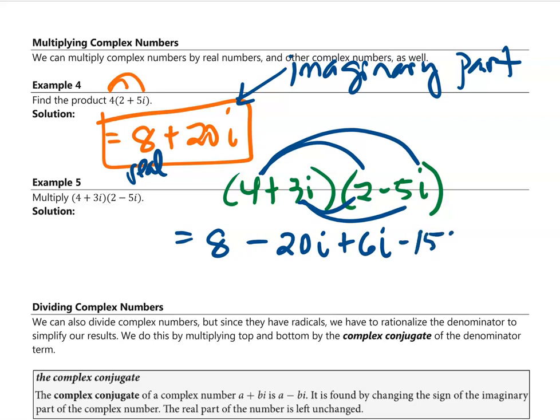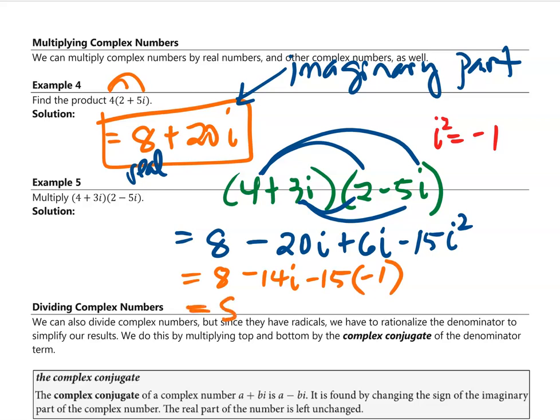I times i, don't forget this, is i squared. And what do we know about i squared? i squared is equal to negative 1. So we do that. So 8 minus 20i plus 6i is negative 14i, minus 15 i squared is equivalent to negative 1.